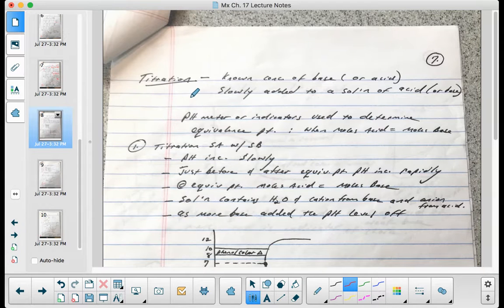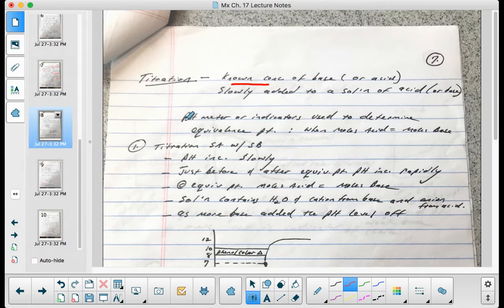Typically we have a known concentration of either your acid or your base, and you slowly add to that solution. To an acid you would add a base, and to a base you would add an acid.